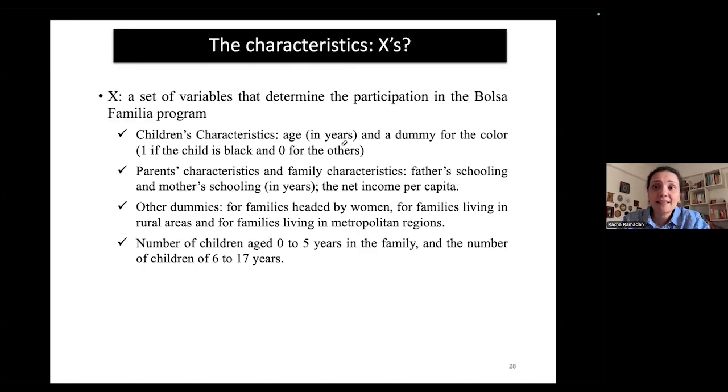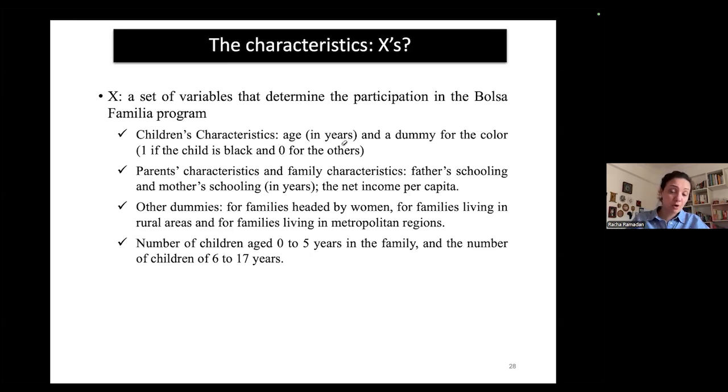What are the characteristics they included? So again, the X's should be affecting the selection into Bolsa Familia, and also the fact that children are working. So they use the children's characteristics like age and the race or the color of children. They use the characteristics of the parents, like the parents' education, the net income of the household, if the household is headed by a female, if they are living in rural or urban areas, if there are other children in the family.